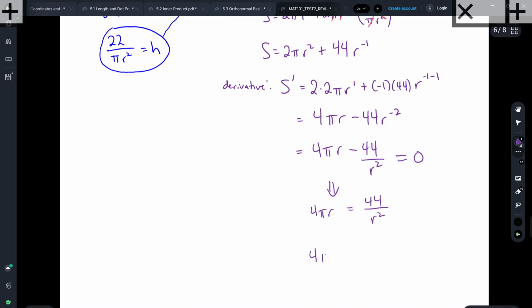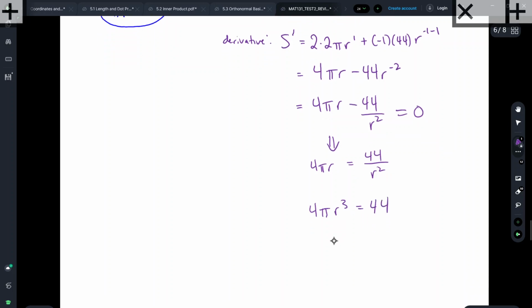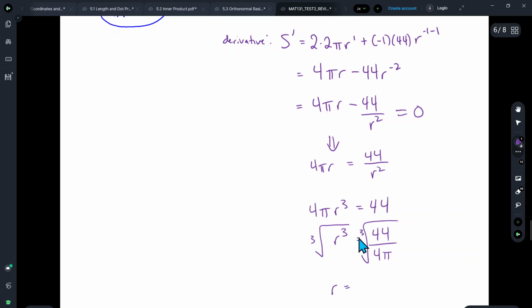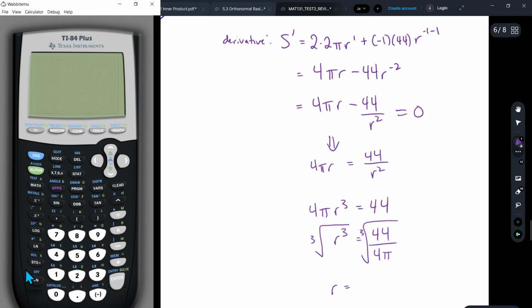So you get 4 pi r cubed equals 44. And then finally I can solve for r, so r cubed is equal to 44 over 4 pi. And then I just take the cube root of both sides. So r is equal to, and then finally I can calculate this.